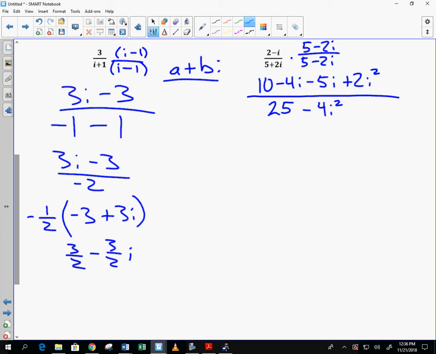Okay, I'll deal with the top. What does this positive 2i squared come out to be? Plus 10 is 8. Minus 9i over, what's 25 minus 4i squared? 29.